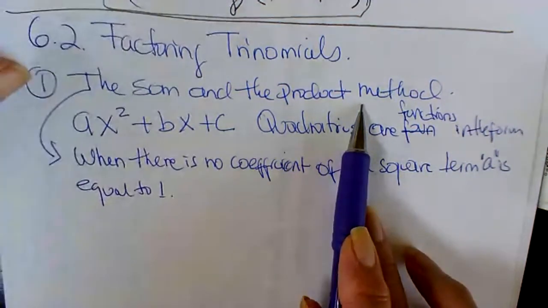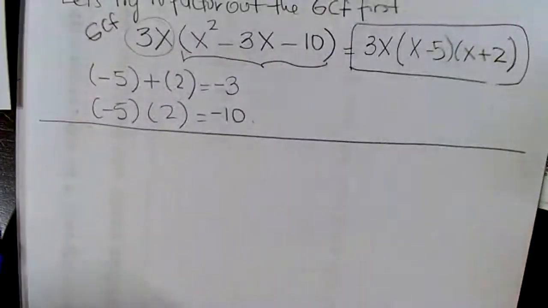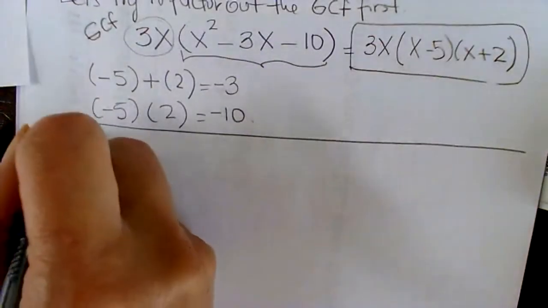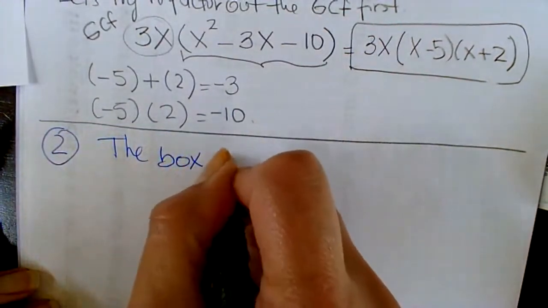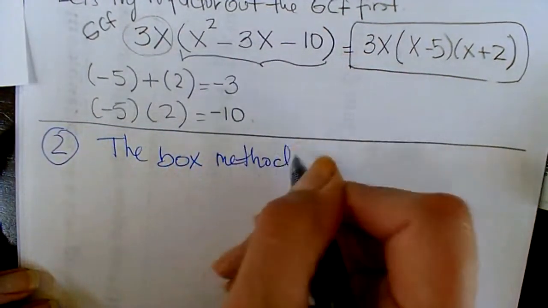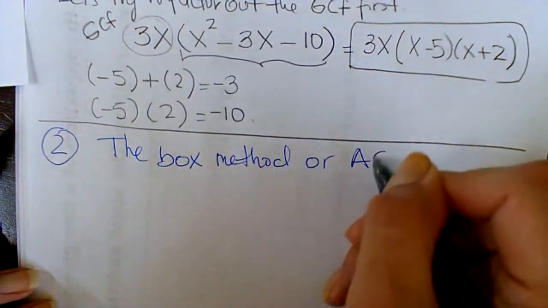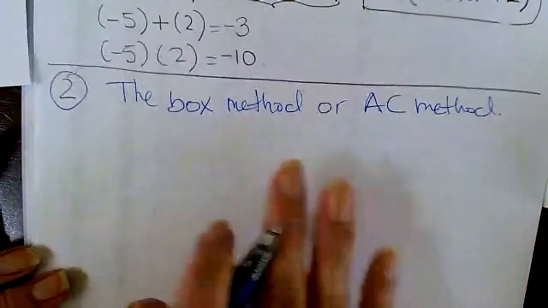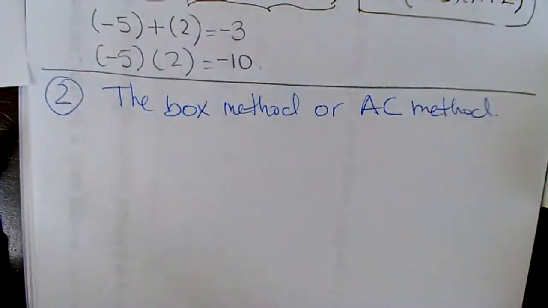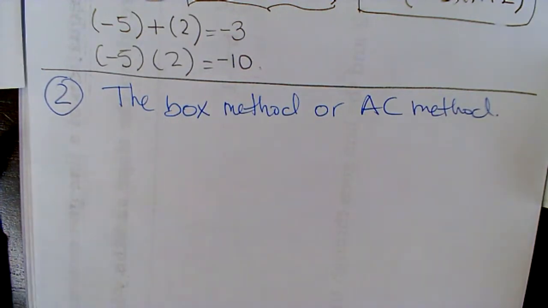We're going to do the second method, and the second one, I use the box method. You could use either. I will show you an example with both of them. I like the box. I find the box a lot easier and faster. But hey, it's up to you guys.